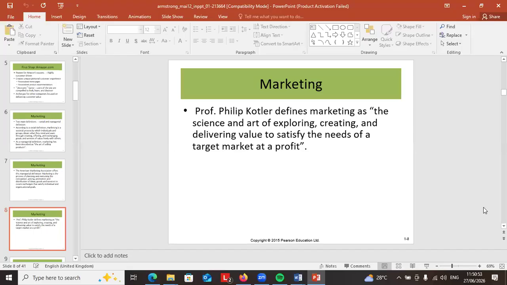And then Professor Philip Kotler also defined marketing as the science and art of exploring, creating, and delivering value to satisfy the needs of a target market at a profit.